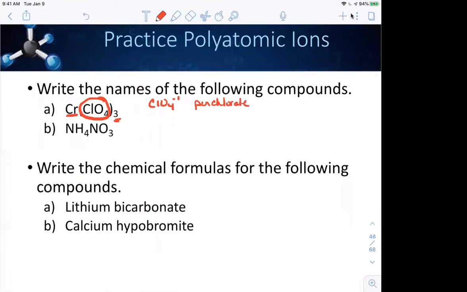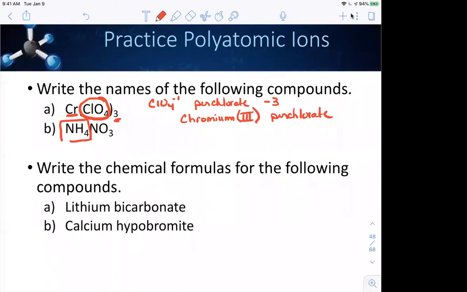There's 3 of them, so I have a -3 charge when I count up all my anions, which means this must be chromium 3 perchlorate.